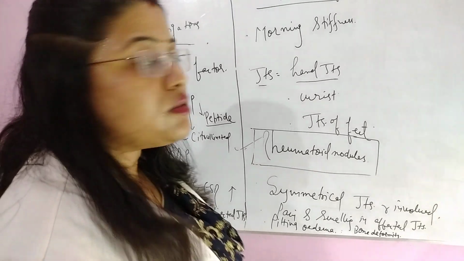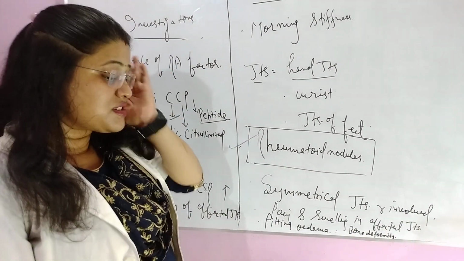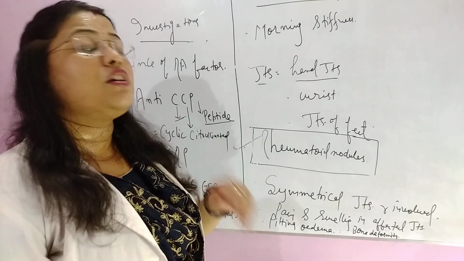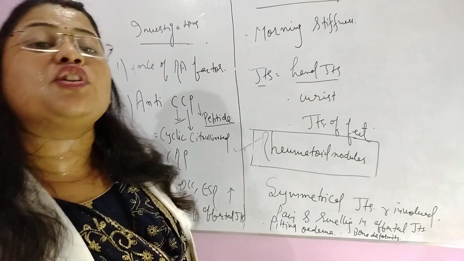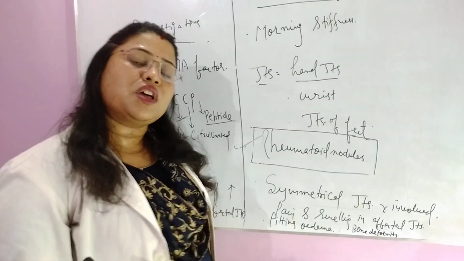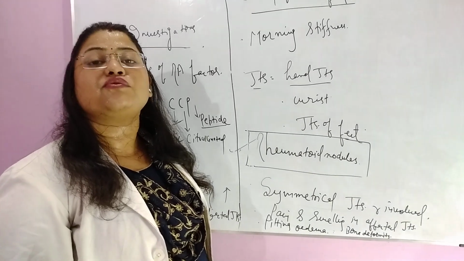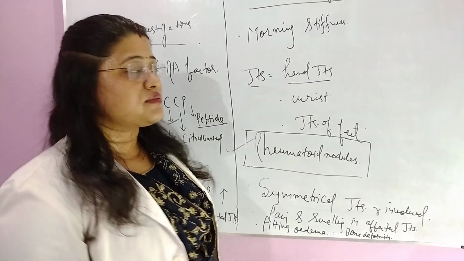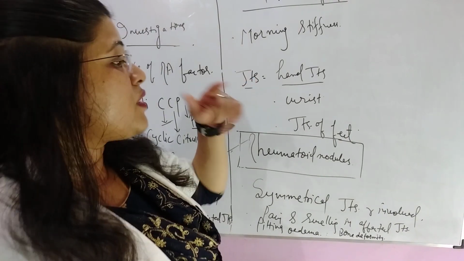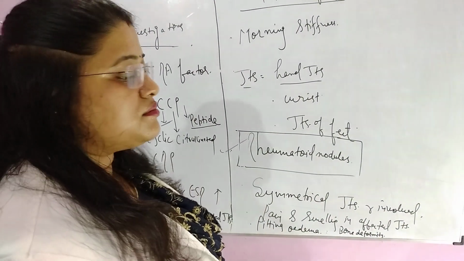These are about investigations for rheumatoid arthritis. Now the question is, what is the site of rheumatoid nodules? So the site of pressure is the site of rheumatoid nodules, like extensor surface of forearm, buttock, sacrum, toes. So these are the sites of rheumatoid nodules.